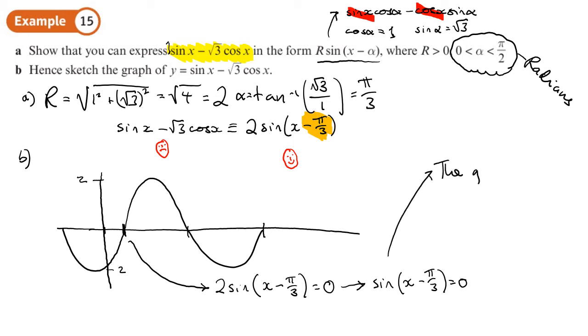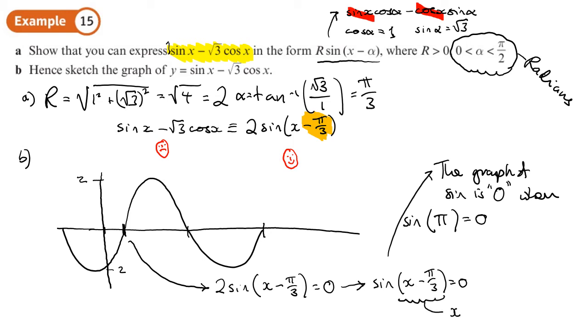The graph of sine is 0, or the first time it's 0, when the bit in the bracket equals 180 degrees, which is pi. When you've got pi in the bracket, when you do the sine of pi, you get 0. So the only way I'm going to get 0 here is if I make that equal to pi.